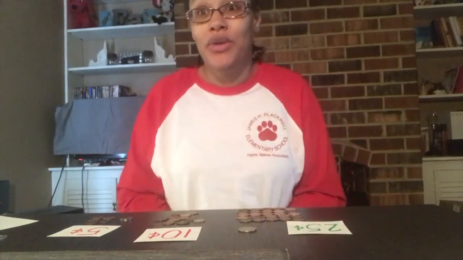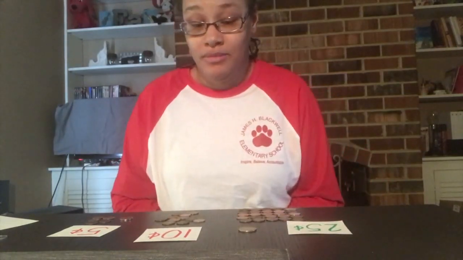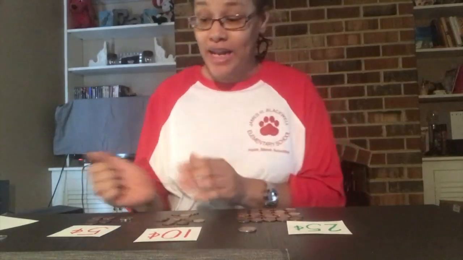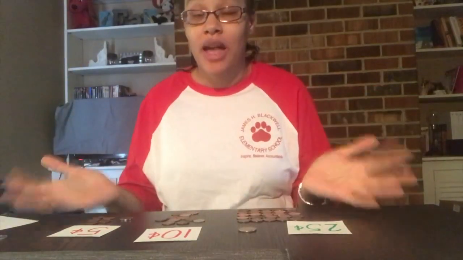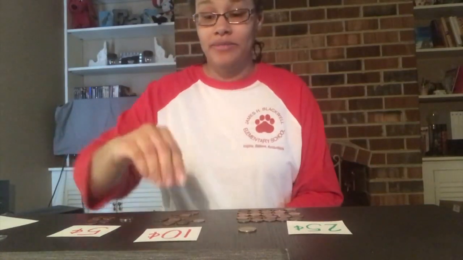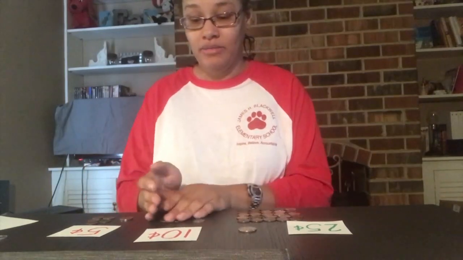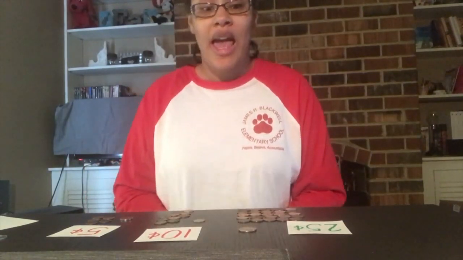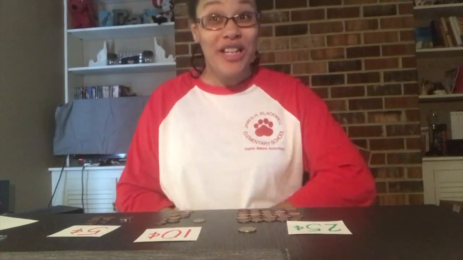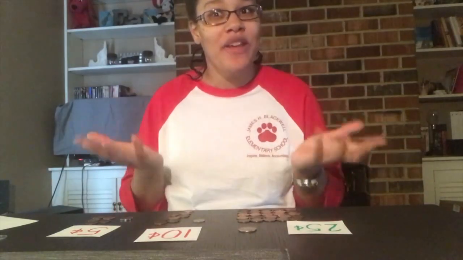Now, if you're going to the store and you only have pennies, and they say your candy costs 10 cents, how many pennies do you need to count out? Right, 10 pennies. And you're at school and it says that your cookie costs 25 cents, but you only have pennies.